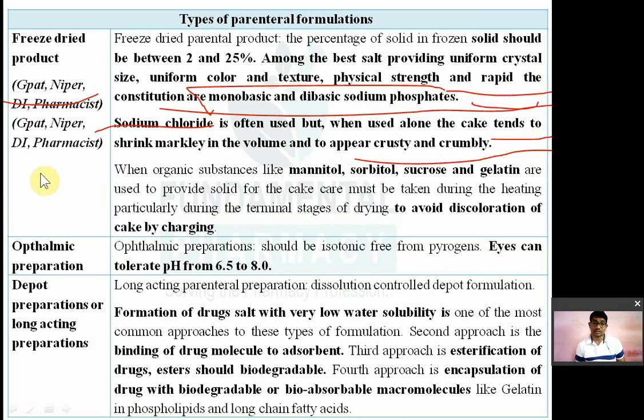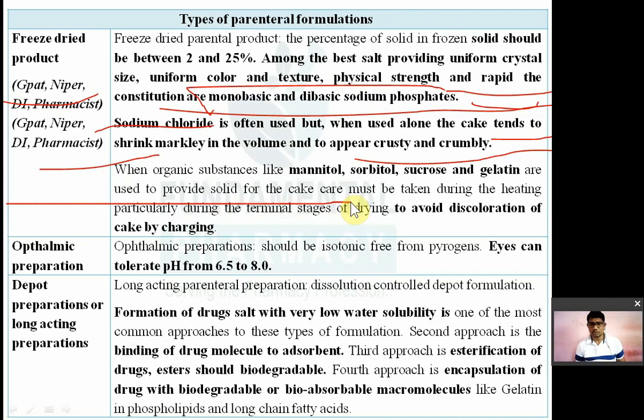Organic substances are used like mannitol, sucrose, gelatin. If they are used as a bulking agent in the freeze-dried parenteral products, they are used to provide the solid support for the cake.